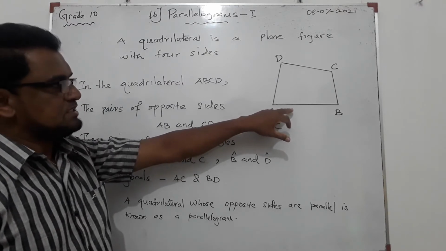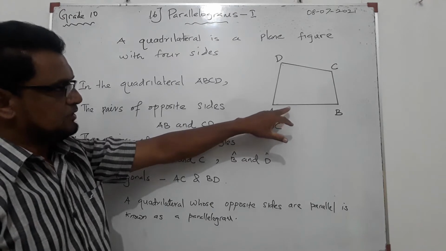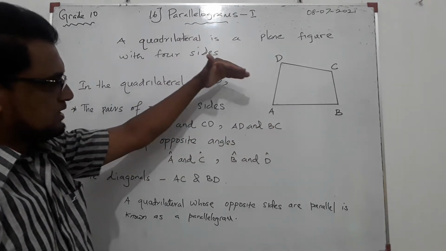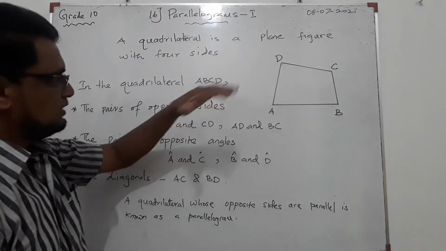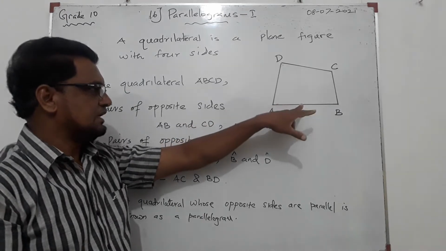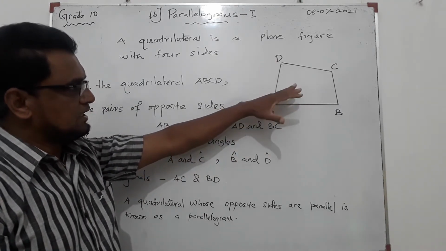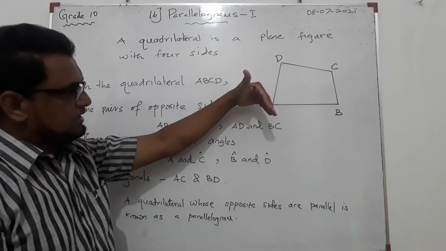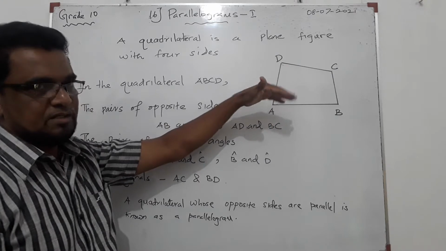You can find some special properties for this quadrilateral. What are these? Now you see there are 4 vertices and 4 sides. The quadrilateral is a plane figure bounded by 4 straight line segments. Right? We can define it in other words.